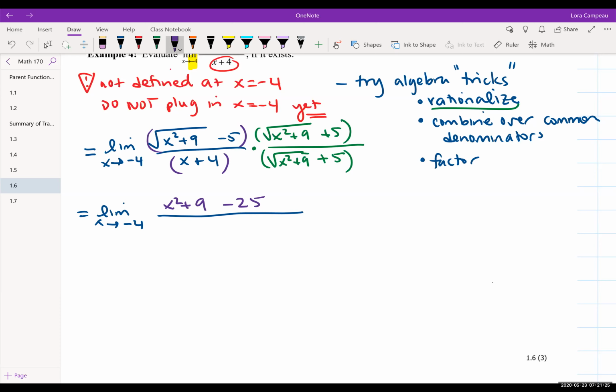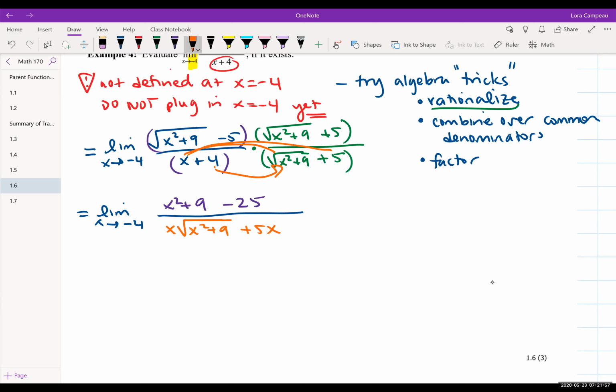It's the denominator that might take us a little time. There's no shortcut to it. So I use distribution. The first terms, if I were to multiply that out, it's x times the square root of x squared plus 9. The second terms, x times 5 is 5x. First, outer, inner, last, remember that? Little FOIL there.